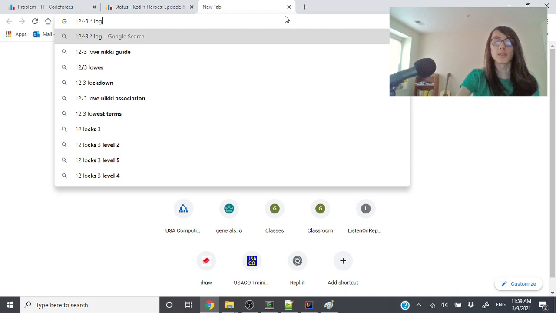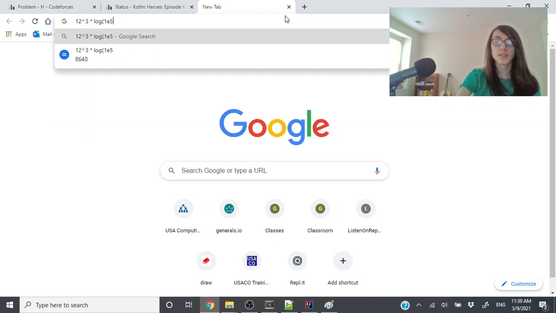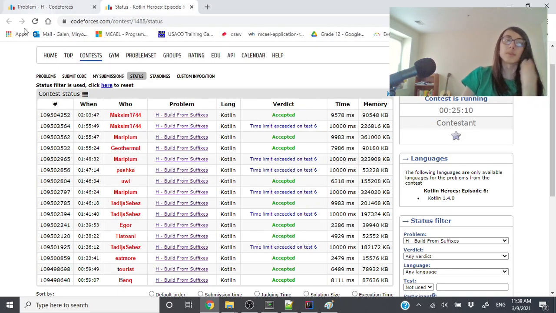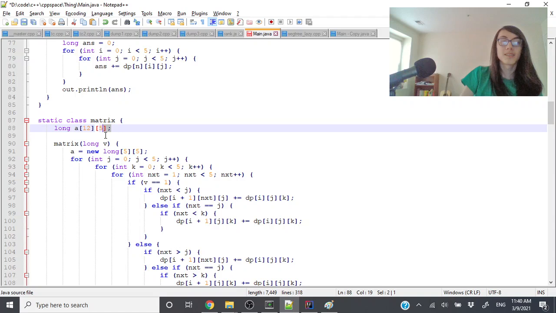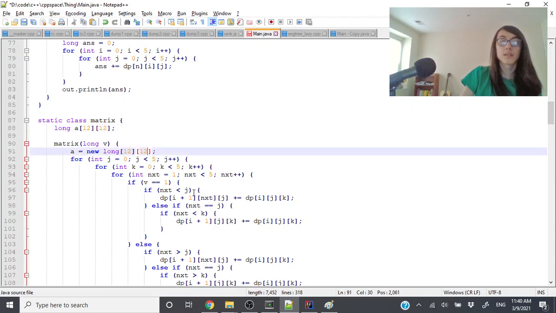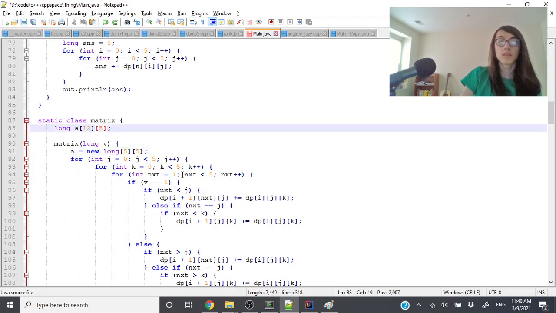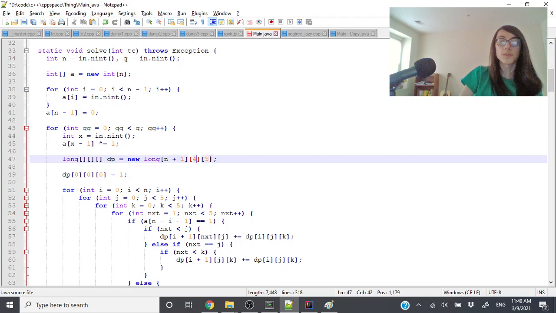12 cubed times log 1e5 times 1e5. It's not the best, it's also not the worst. Also, he's insanely close, yeah. Alright, it seems like this is the way to go, though. So wait, let's try better. So 4, 4.